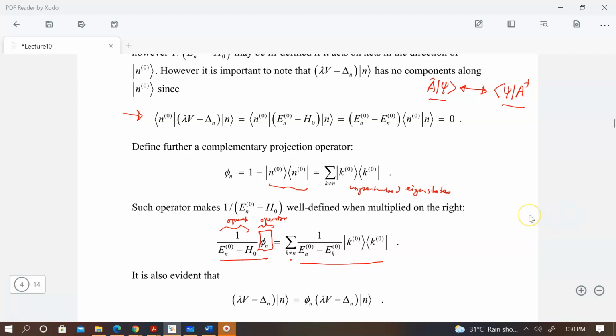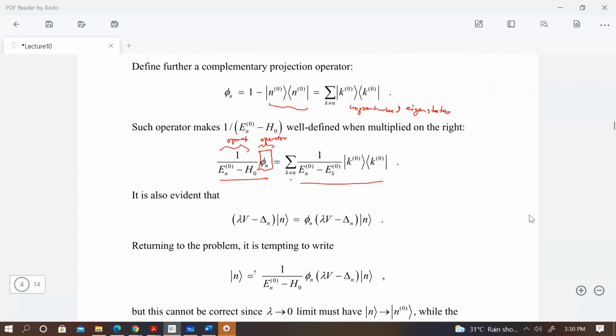What else? The other thing is, of course, if we look at the lambda v minus delta n, since this operator acts on this, if there is a direction of n naught, it will give you 0, right?